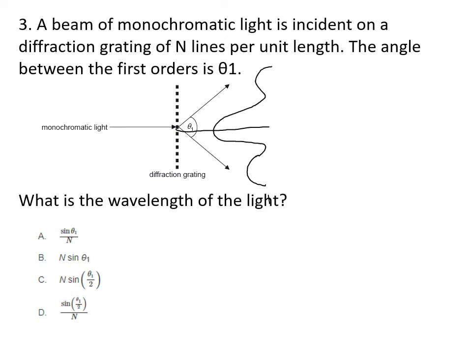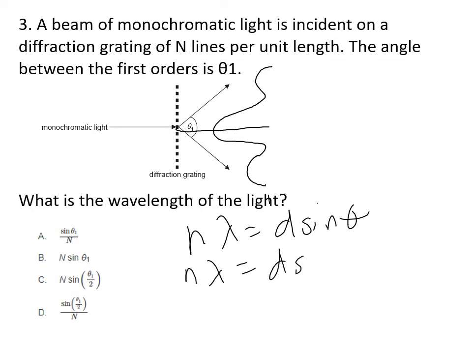Rather than incorporating just half of the interference pattern like it should, the angle incorporates the full pattern. So if we're going to use the n lambda equals d sine theta equation, we need to halve this theta sub 1. So this becomes n lambda is equal to d sine, open parentheses, theta sub 1 over 2. You would halve this total angle to get the angle theta.